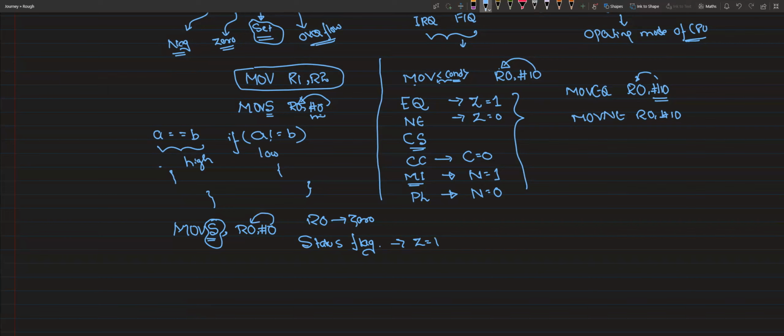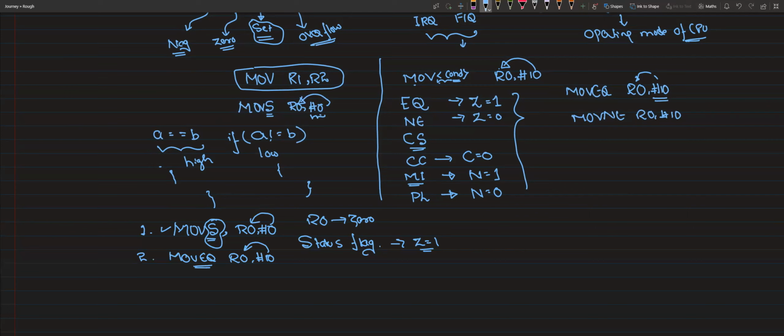Next, the same set of program. This is line 1, and line 2, I will write MOVEQ R0, #10. What will happen here? The value 10 will be moved to R0. The condition is, if Z equals 1, then only move. When we say MOVEQ, this is a conditional statement.